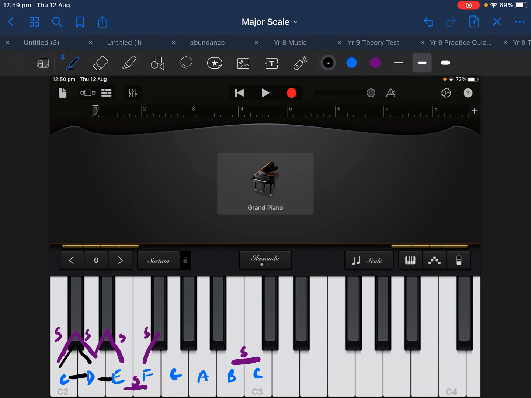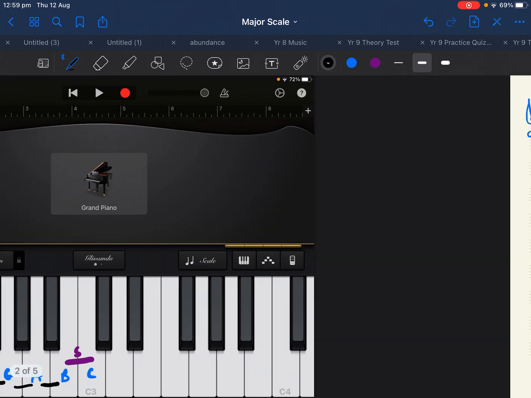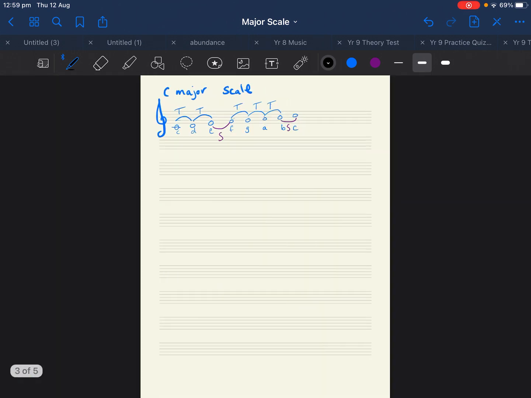E to F is not a tone, it's a semitone because there's no other note in between. F to G is a tone. G to A is a tone because it's made up of 2 semitones. A to B is a tone, and B to C is a semitone. I hope that makes sense, and that's the structure that we have in a scale.